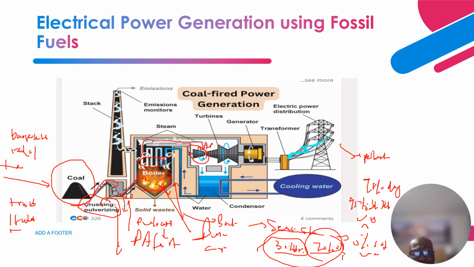Once the turbine is coupled to the generator, the generator also starts turning at the same time. This is the coupling between the turbine and the generator. So at the same time that the turbine is turning, the generator is also turning, starting to generate a gradual buildup of voltage across its terminals, right?